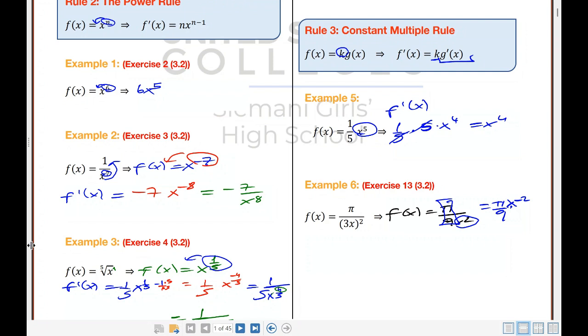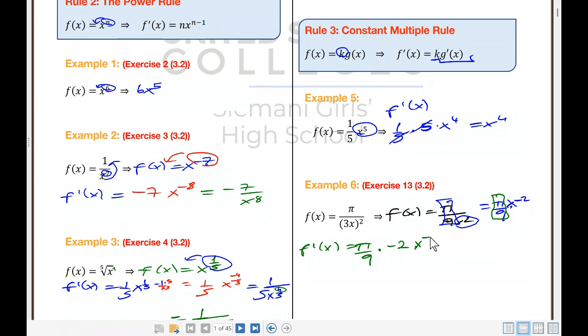Exponent changes. Now, keep the coefficient when you take the derivative. It's pi over 9 staying in front. Now take the derivative of x to the minus 2, which is minus 2 being pulled out in front times x to the power of minus 2 minus 1.